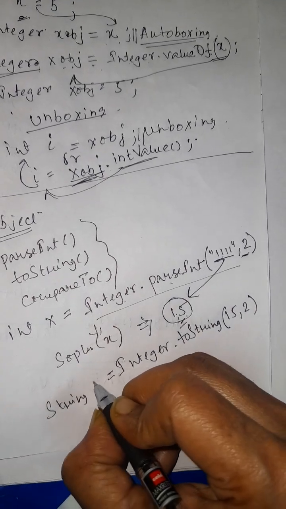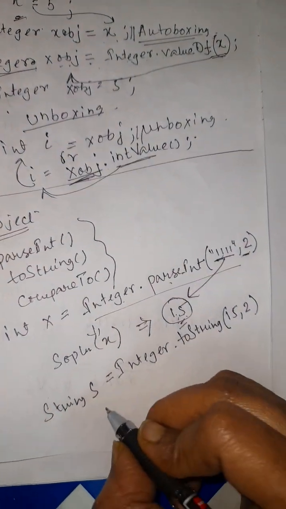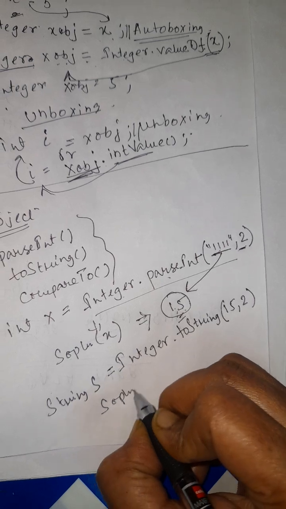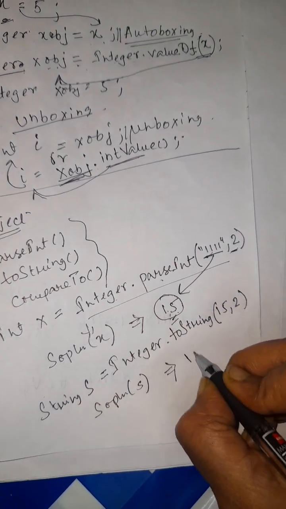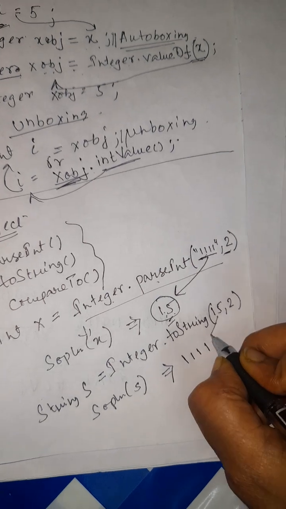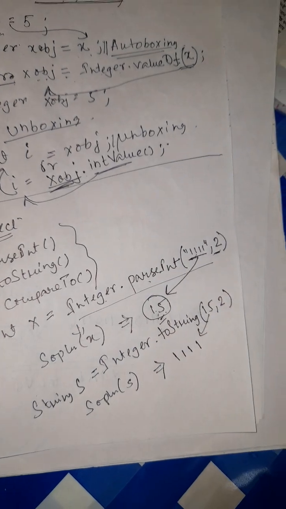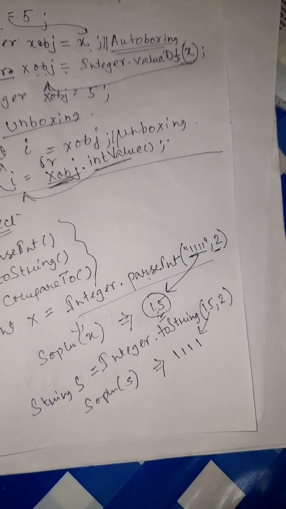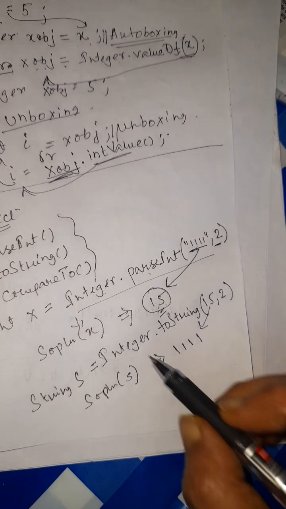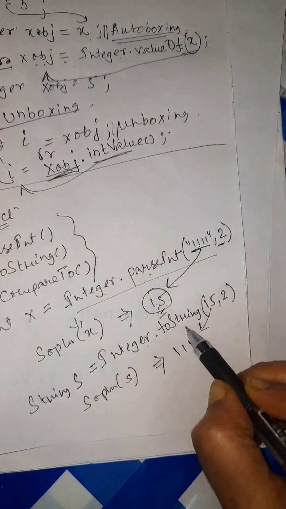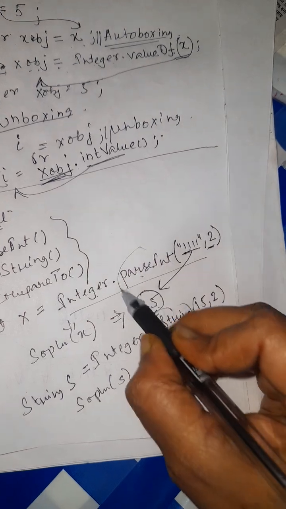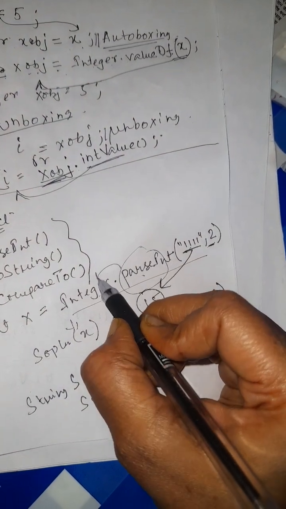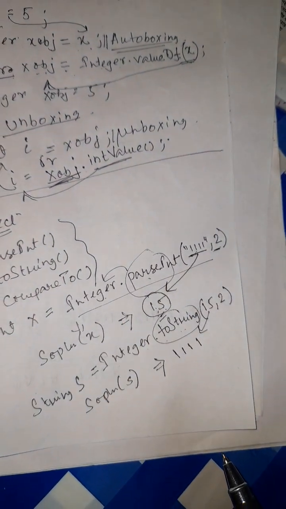Now if you want to print it, SOPLN s, what will be the output? The output will be 1111, the binary value of 15. You can convert it like this, Integer dot toString. So easily you can call any method with the help of the wrapper class.